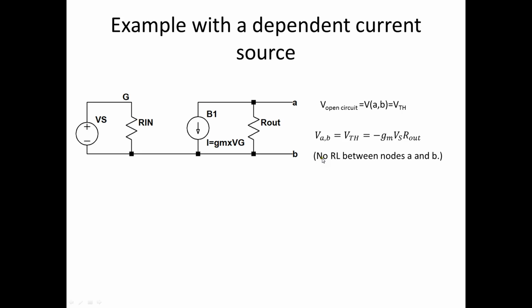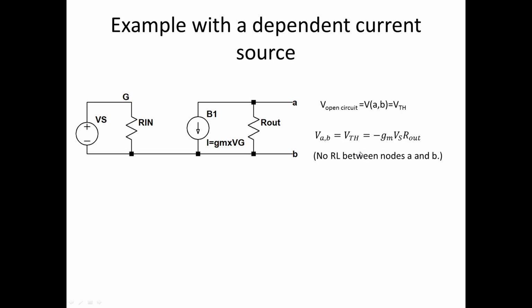There's going to be no RL between nodes A and B. From a previous class, V out equals Vs times GM times R out. So the Thevenin voltage is minus GM Vs R out.